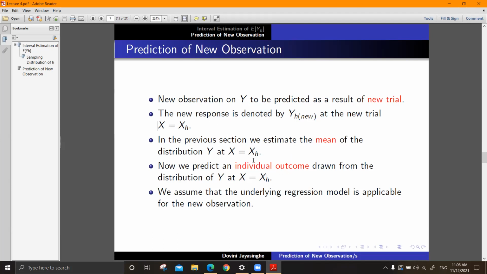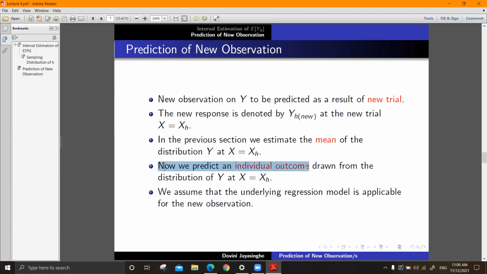In the previous section, we estimated the mean of the distribution of Y at a given X level. That is why in the interpretation I emphasized that you have to mention the word mean. In the regression line, we were talking about the mean, not about a single observation.